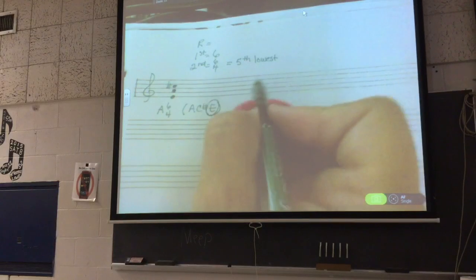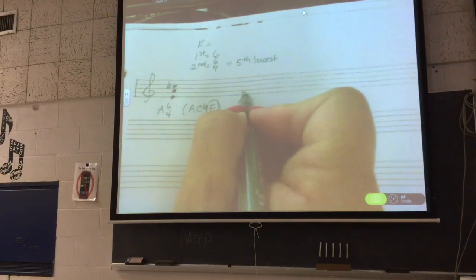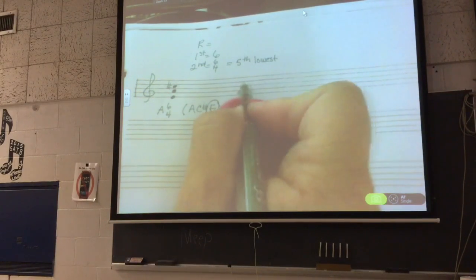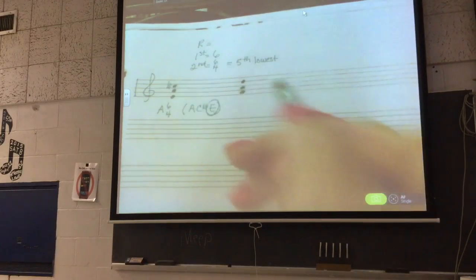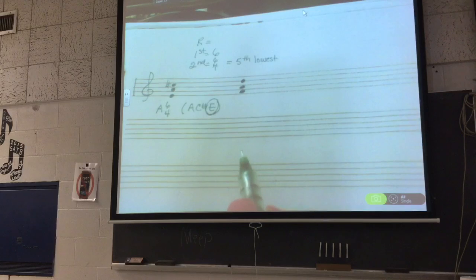Now what if I gave you a chord that looked like this, and I asked you to identify it both by letter name, by type, and by inversion?